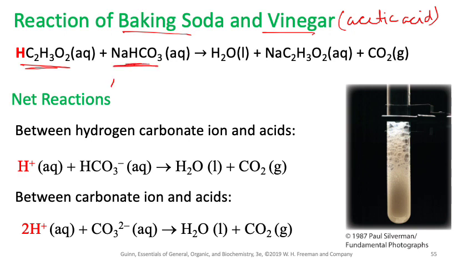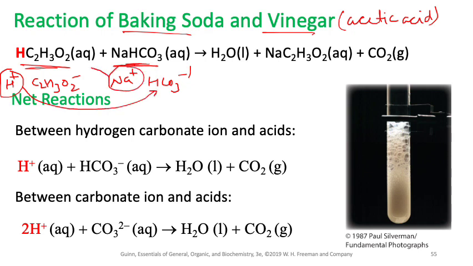Over here you have Na+ and HCO3-, and over here you have H+ and C2H3O2-. When they react together, H+ is going to react with the base and Na+ is going to react with the anionic form.